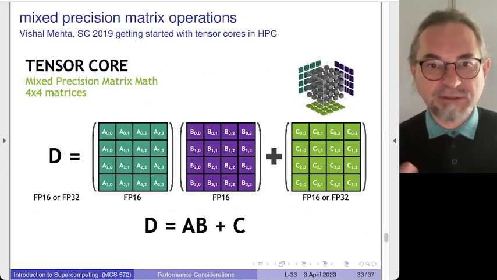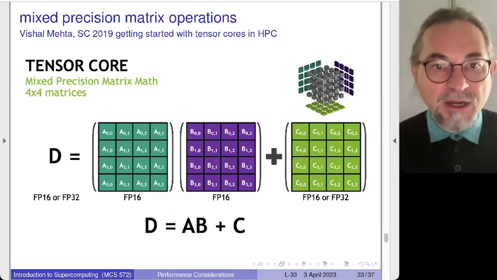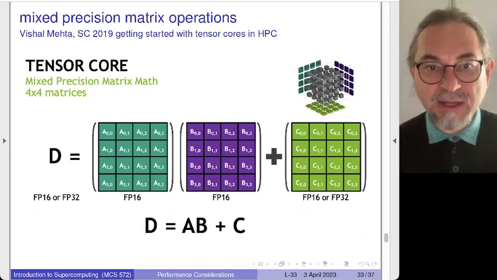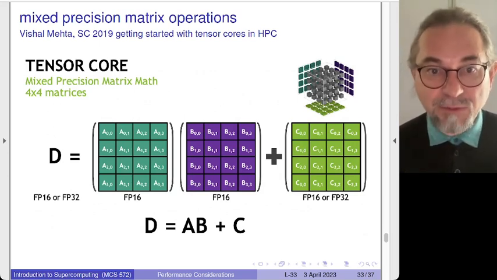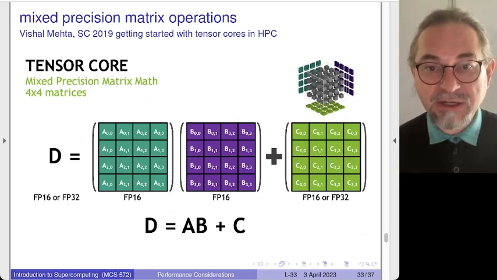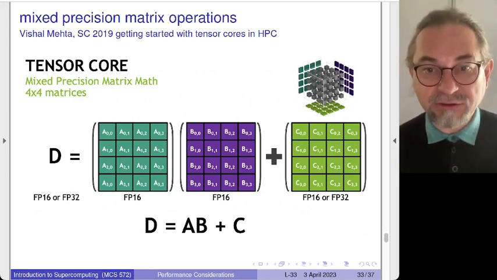I stole this picture from it. What the tensor cores can do is this mixed precision matrix multiplication. So it's more than a matrix multiplication: you have the matrix multiplication and also the addition of another matrix.